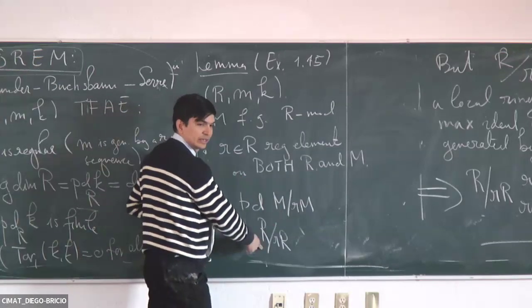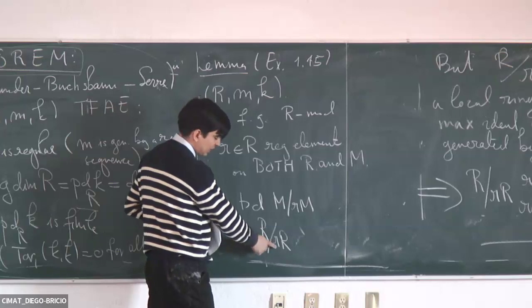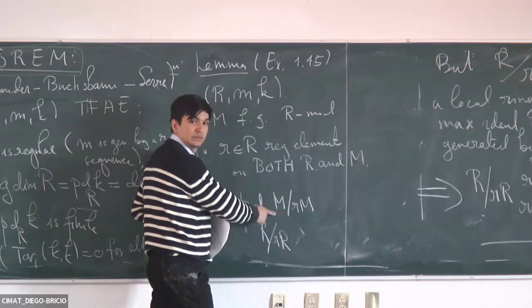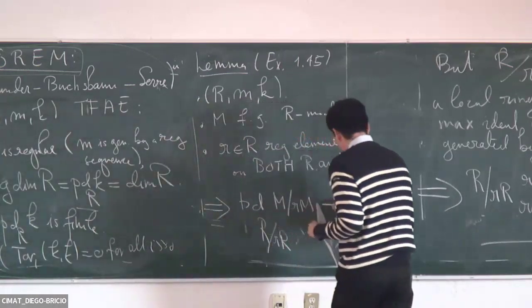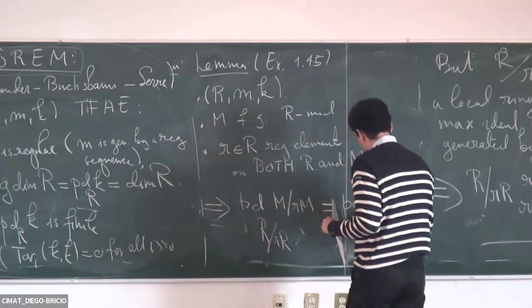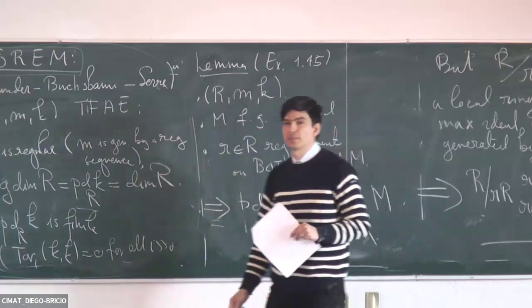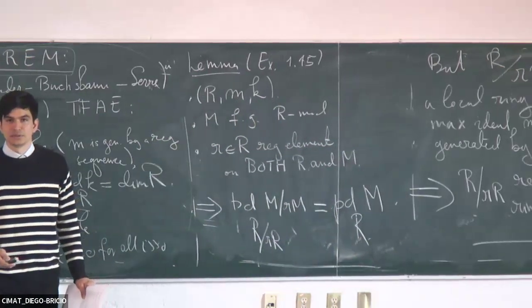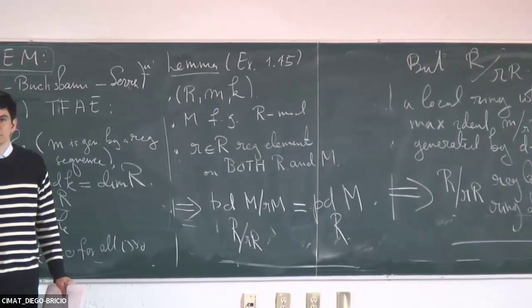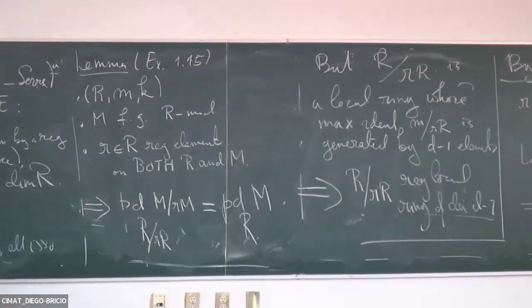It's a module over this ring, because the action of r in here is 0. Therefore, it is well defined. So this is the projective dimension of M over R. So you can call this a deformation property of projective dimension of finitely generated modules.